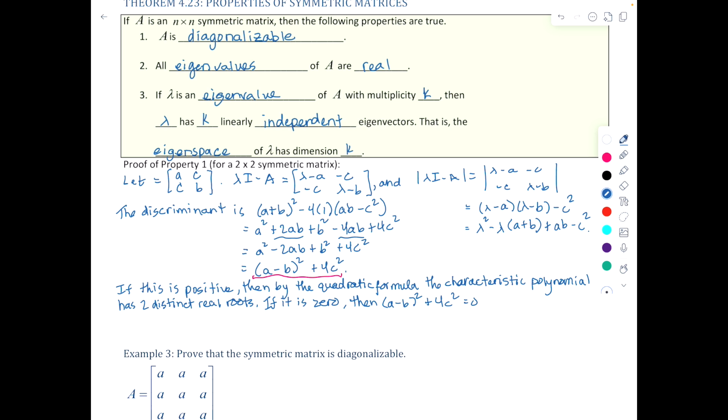And so that means A would have to equal B, this is all for it to be 0, and C would have to be equal to 0. If that's the case, A is already diagonal because you would have all zeros, right?